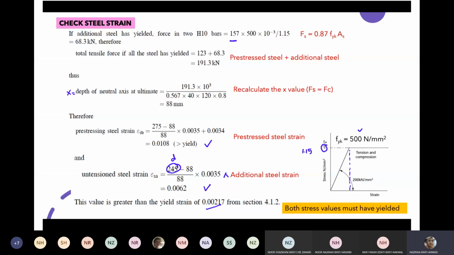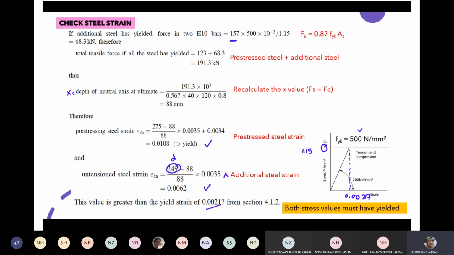That value of 0.00217 is at this point here. It looks almost the same as the previous stress strain curve that we have seen, only that was for the pre-stressing steel. So here we have 0.00217, which is to be compared with the steel strain that we have provided, which is 0.0062.